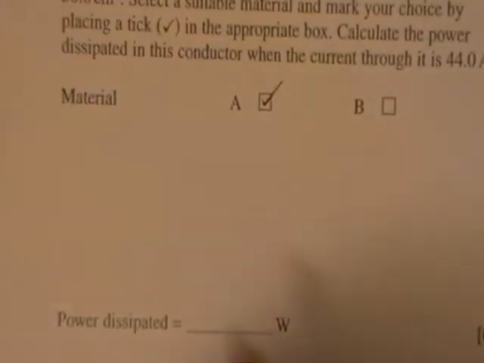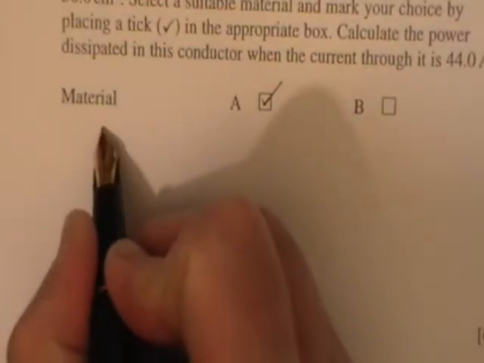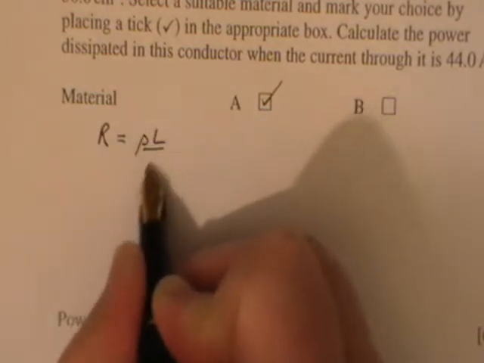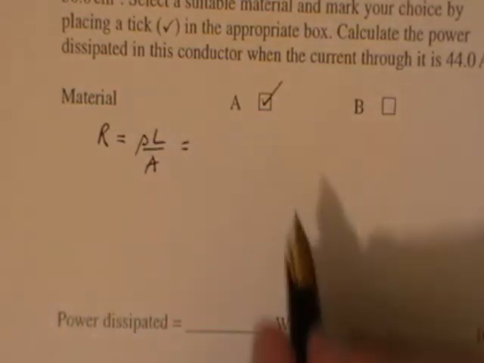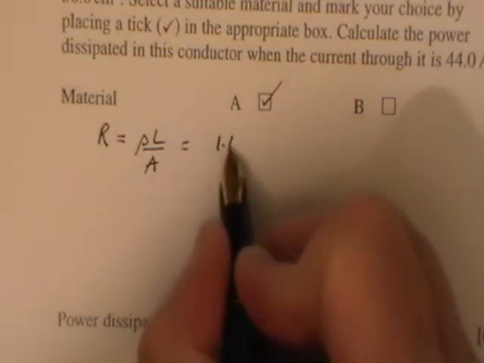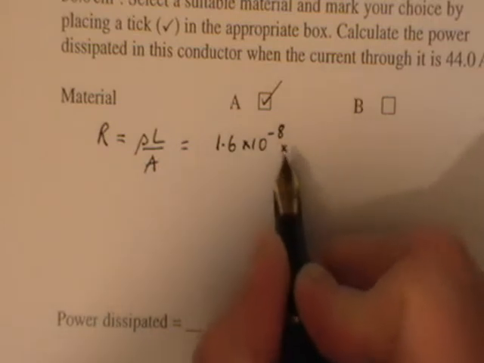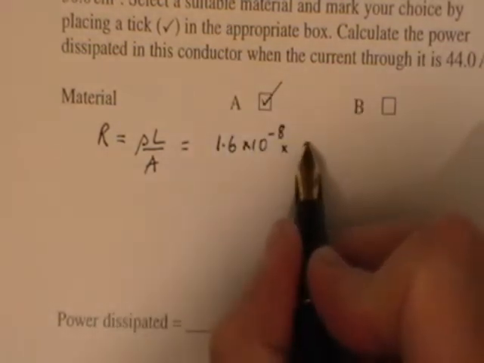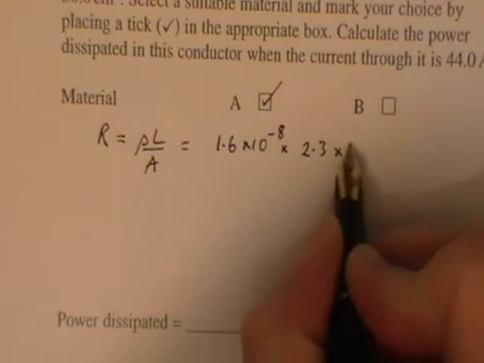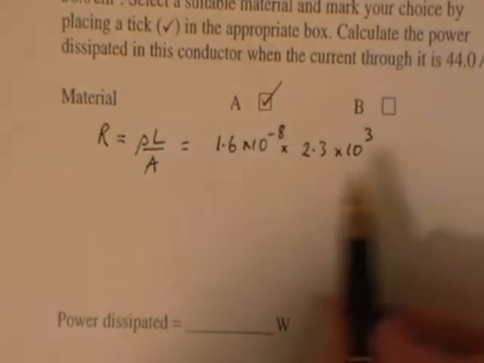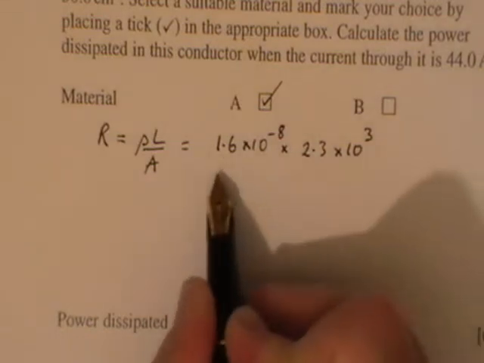And then we're looking for the power that's dissipated in that. First of all, we need to work out the resistance. So the resistance is equal to rho times L over A. That's equal to 1.6 times 10 to the minus 8 times the length, which was 2.3 kilometers, so that's 2.3 times 10 to the 3 meters, and the cross-sectional area of 50 centimeters squared.